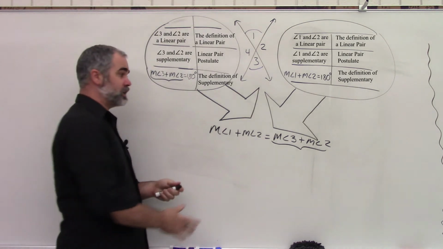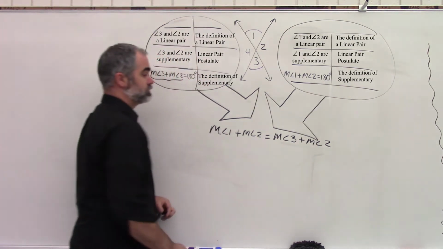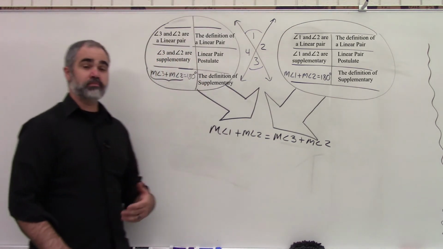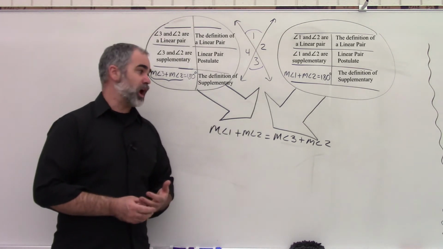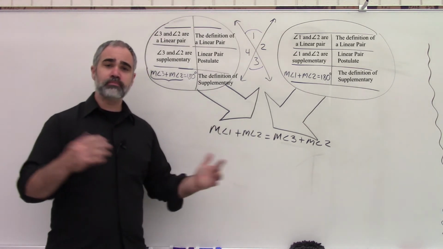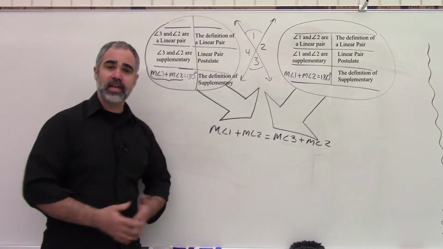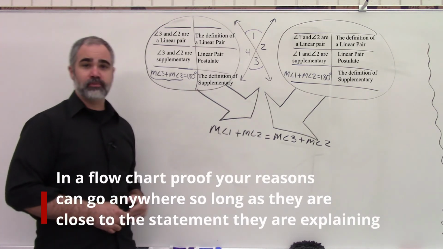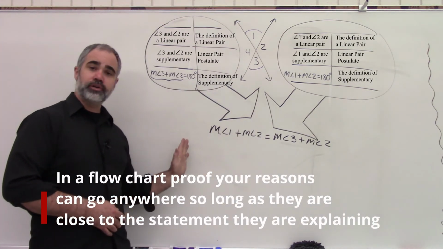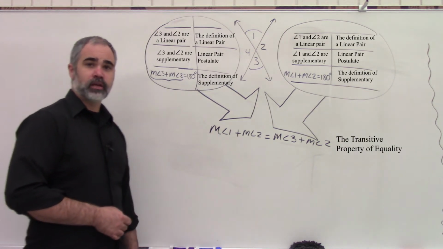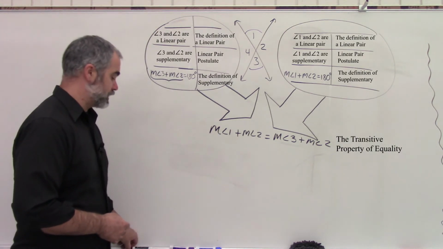So my justification for this one is just going to be the transitive property of equality. And with a flowchart proof, you can put your reasons anywhere you like. On these 2, I've put them on the side. On this one, I'm just going to put it underneath. So we'll put it right here. The transitive property of equality.